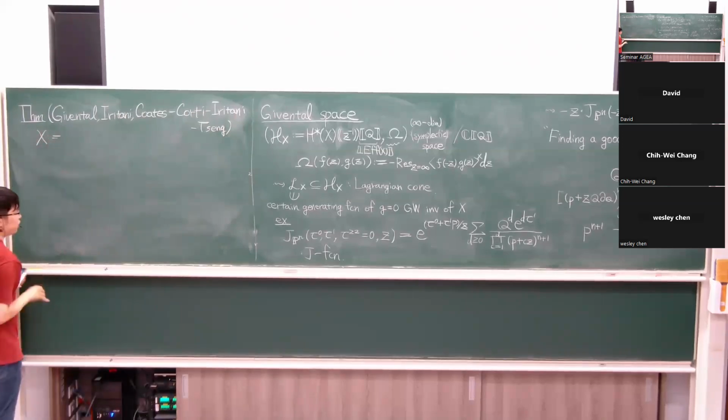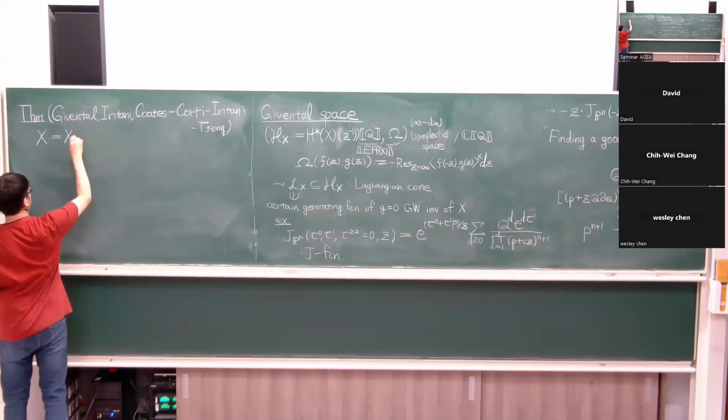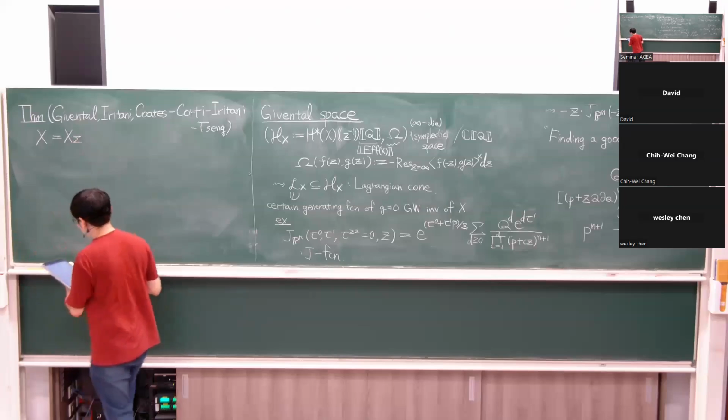Givental gave an explicit formula of the I function for toric varieties.